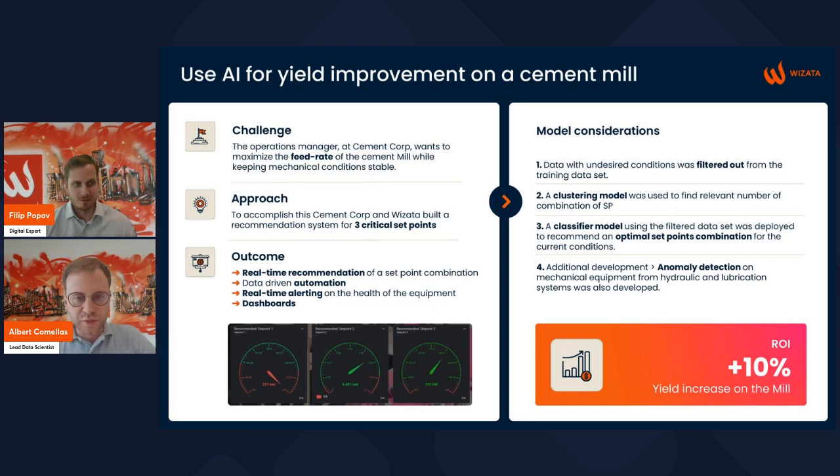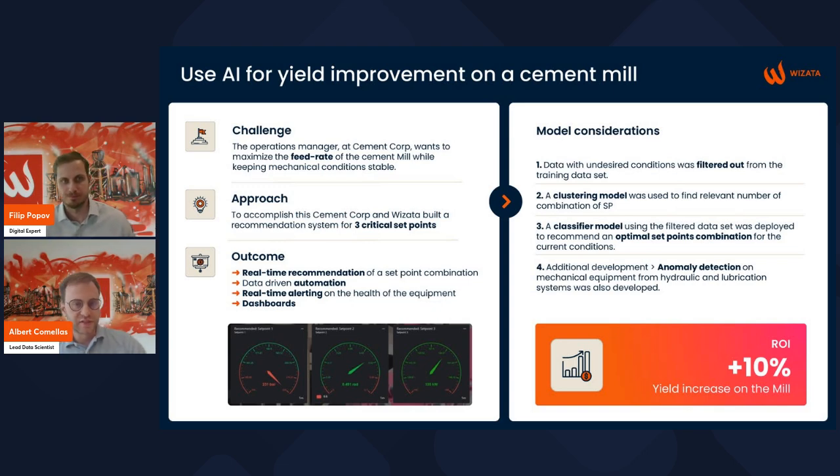Of course. Just let me say we are under an NDA, so without going too deep into the details, the broad idea of the approach we took behind this model was that the goal was to increase the yield of this mill while keeping the mechanical conditions stable, say vibrations and pressures, within a certain limit.